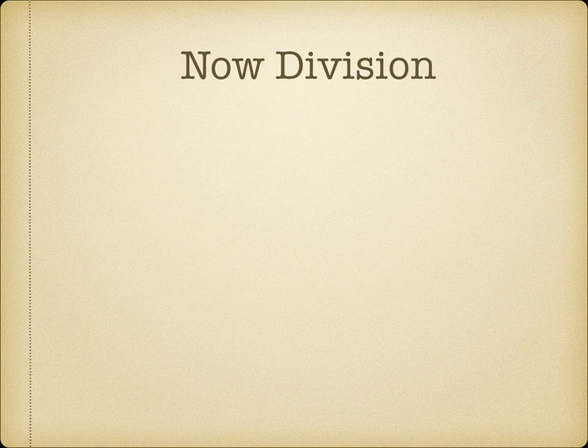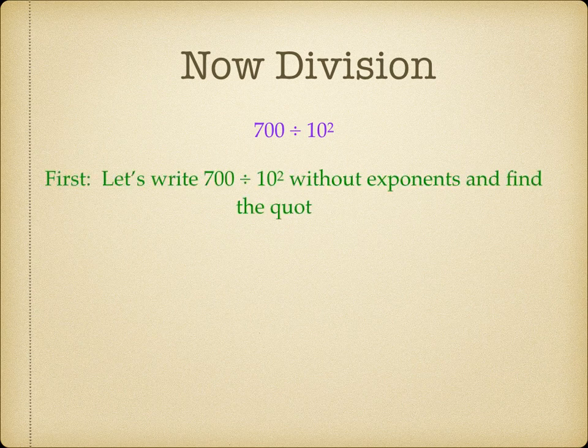Now let's see how that works with division. Here we have 700 divided by 10 to the second power. The first thing we're going to do again is write 700 divided by 10 to the second power without exponents and find the quotient. So that gives us 700 divided by 100 equals 7.